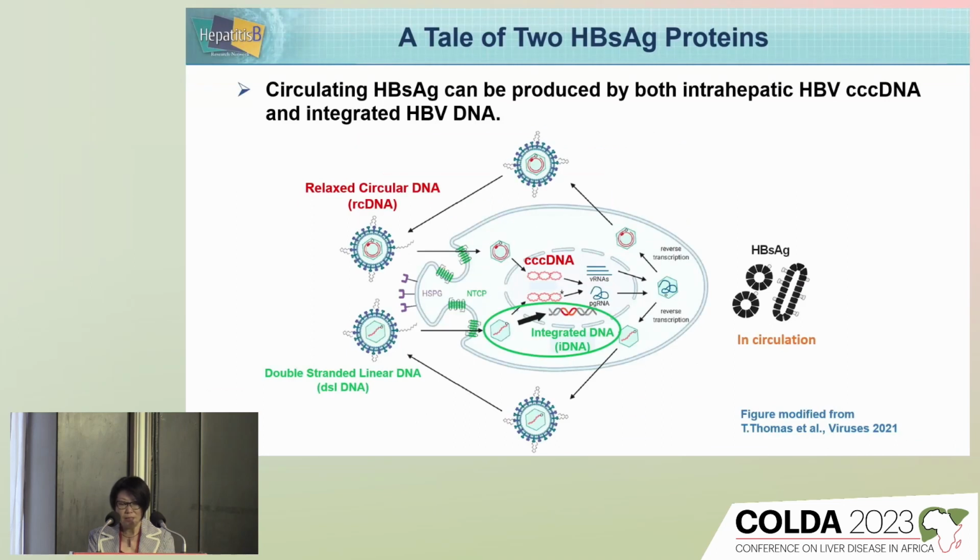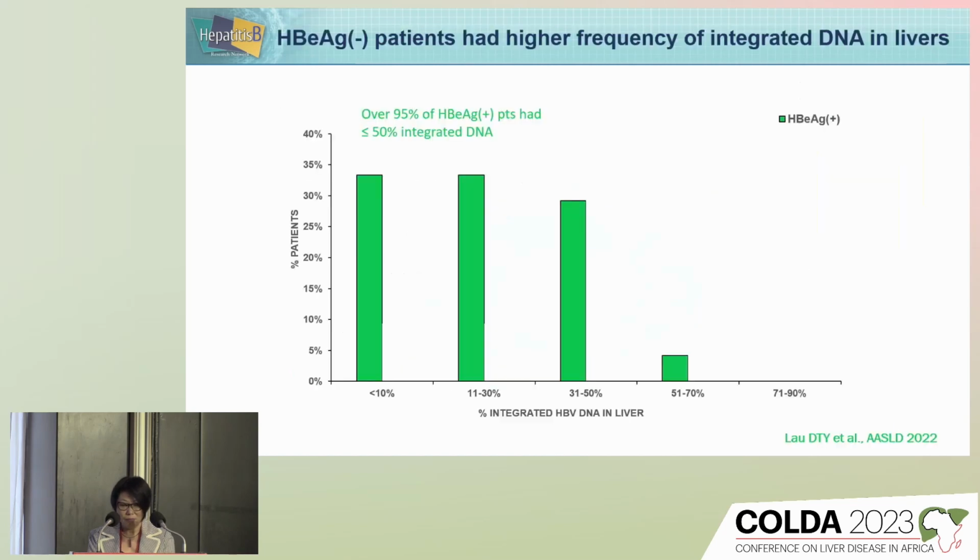One of the reasons why functional cure is difficult to achieve is because the circulating surface antigen can be produced by both the intrahepatic HBV cccDNA and also the integrated DNA. In the circulation, when we measure the serum surface antigen, we actually cannot distinguish the sources of surface antigen.